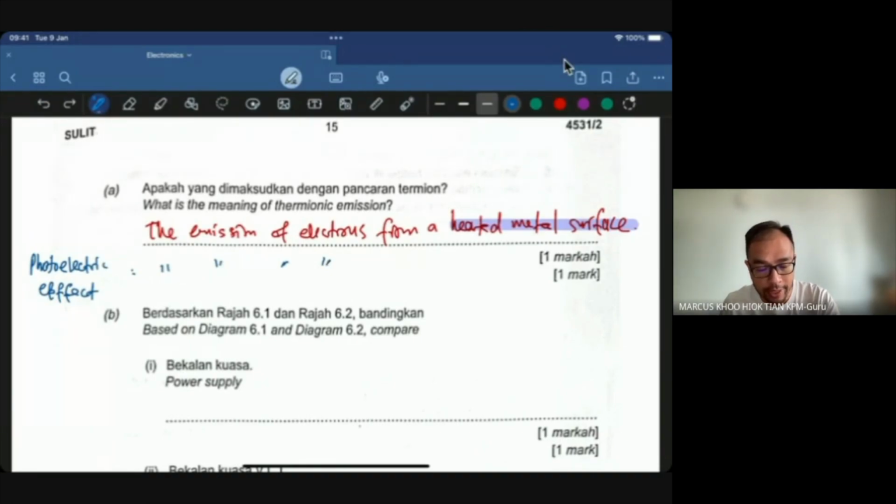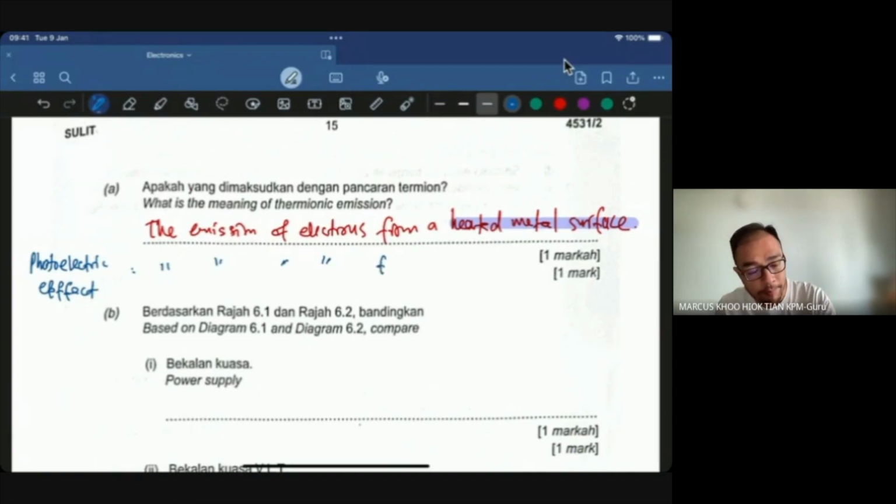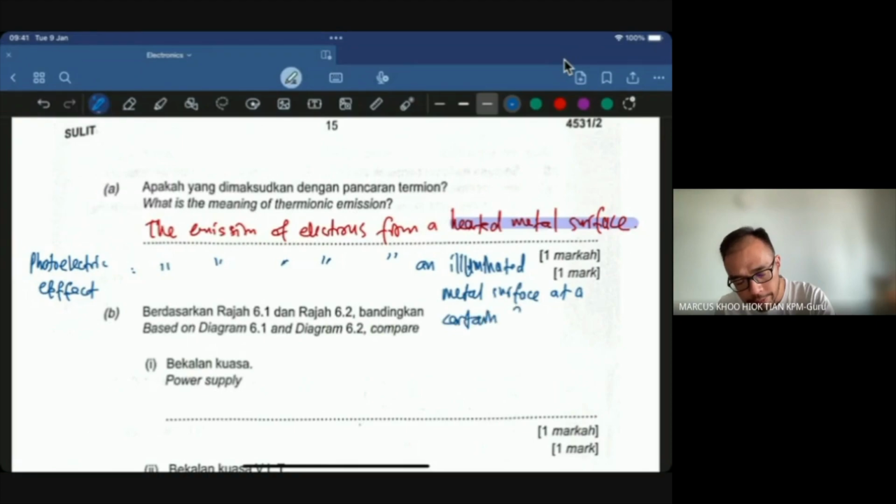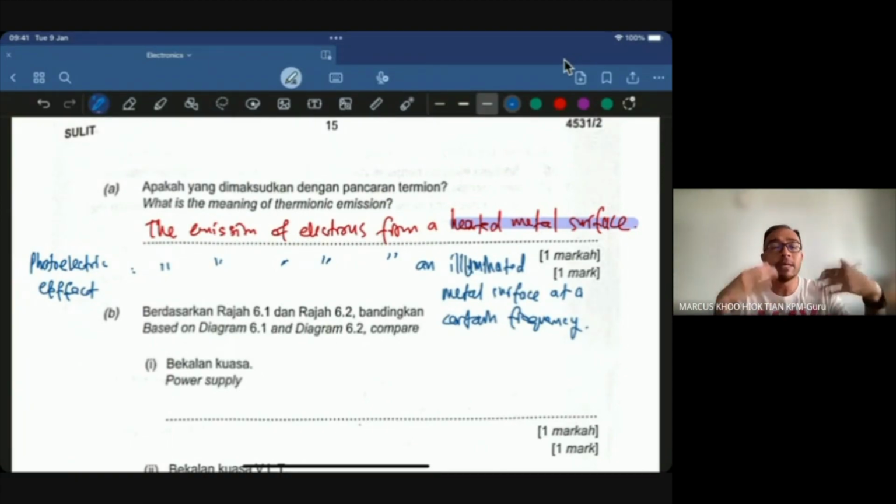The emission of electrons from an illuminated, okay, metal surface at a certain frequency. Okay, illuminated means you shine a light on a metal surface, but the light must be at a certain frequency.